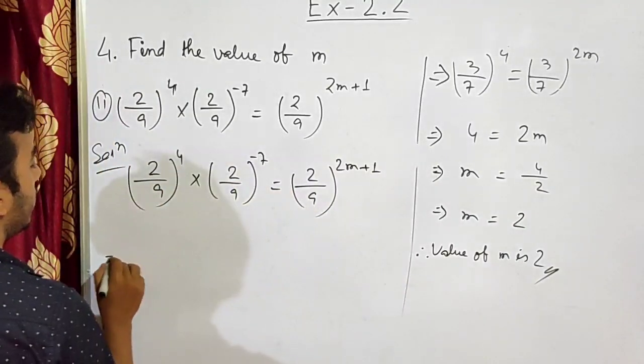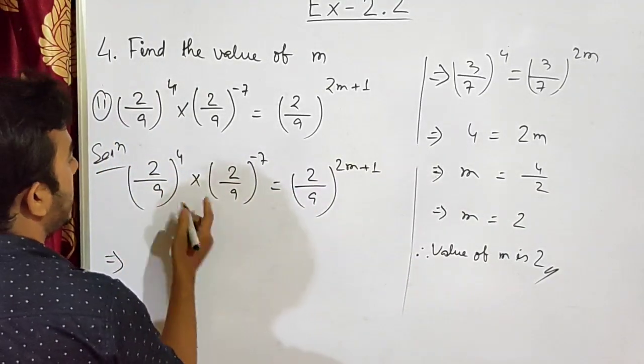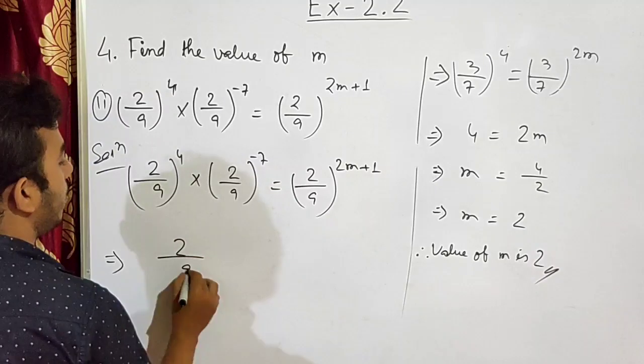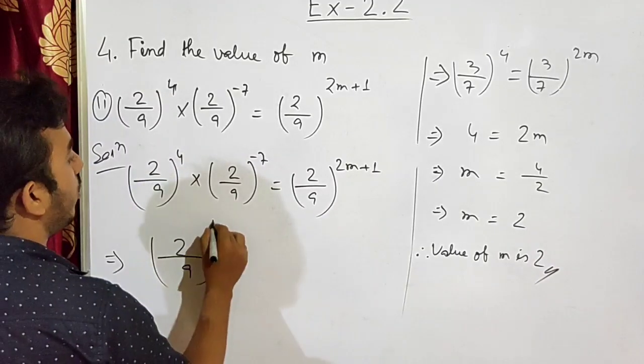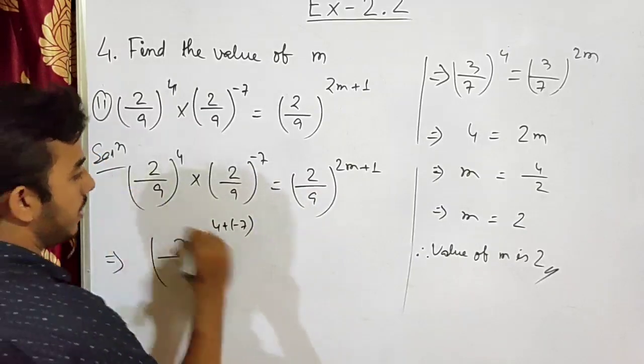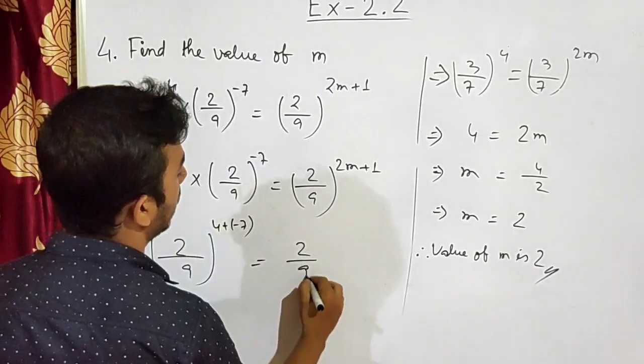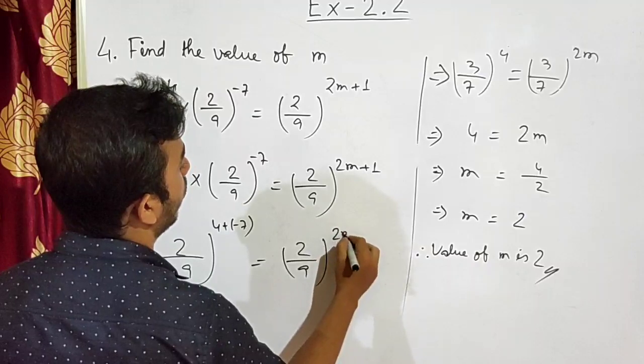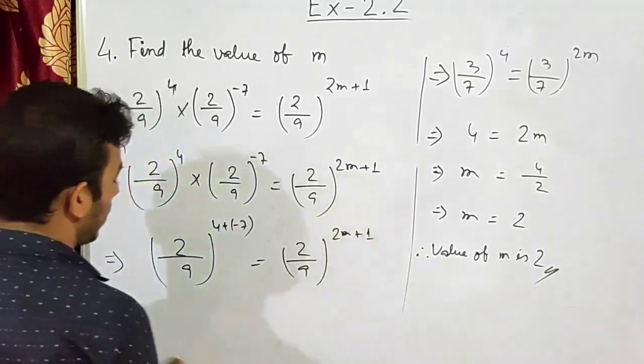Look, we can take the base common, so (2/9) to the power 4 plus minus 7 equals (2/9) to the power 2m plus 1. Clear?